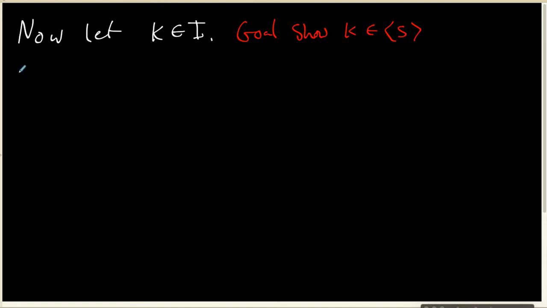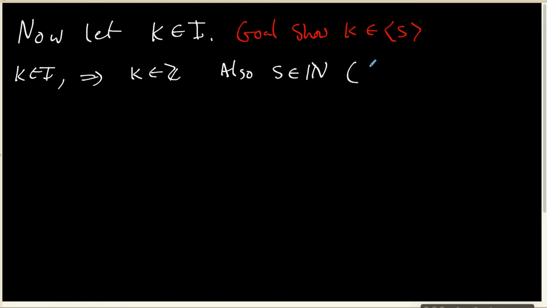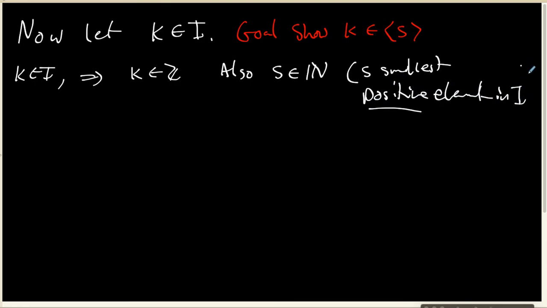Since K is inside I, I know that K will be an integer. And I also know that S is a natural number because S is the smallest positive element inside I. So of course it's a natural number.